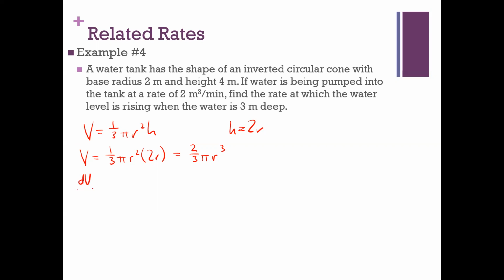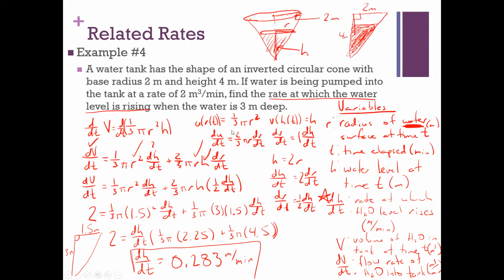I mean, this derivative comes out to be what? 3 pi r squared dr/dt. And I'm realizing I should have subbed in for R, not for H, but that comes from this idea of the similar triangles.